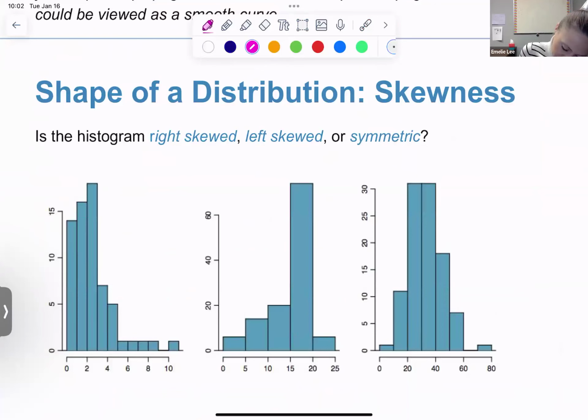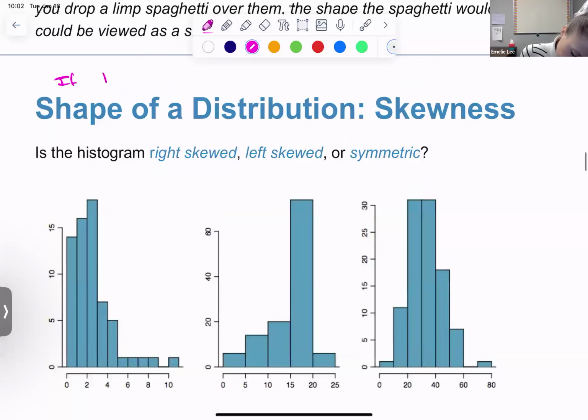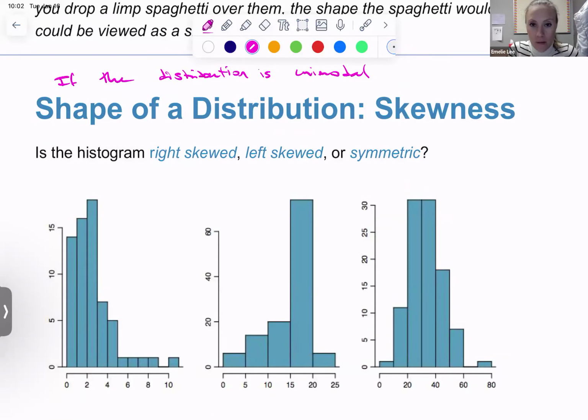So if the distribution is unimodal, then we talk about the skewness. And then we talk about the tails.